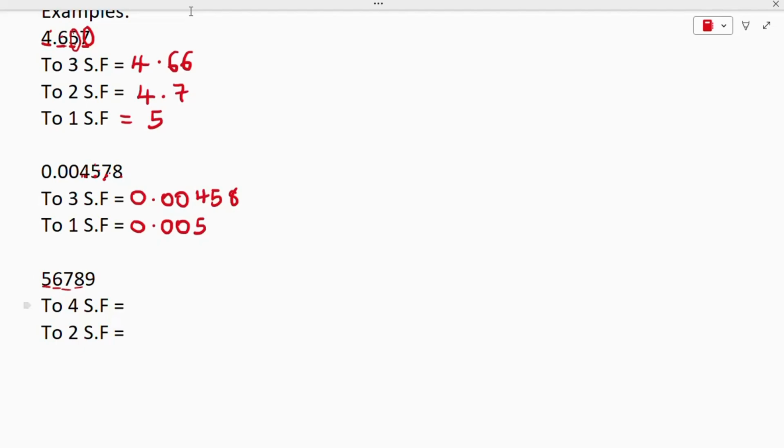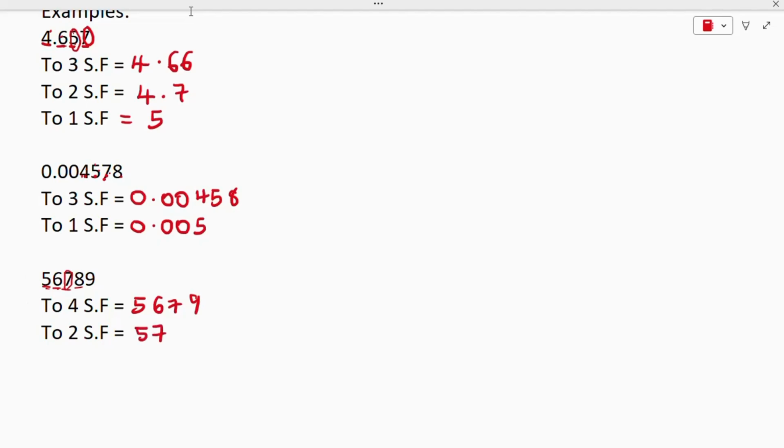So to 4 significant figures, this becomes 5, 6, 7, 9, because we added 1 to 8, since the number after the last significant figure is more than 5. So to 2 significant figures, we have 5 and 6, and the number after the last significant figure is 7, so we add 1 to 6, and it becomes 7.